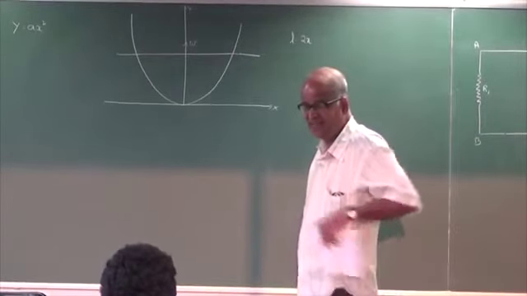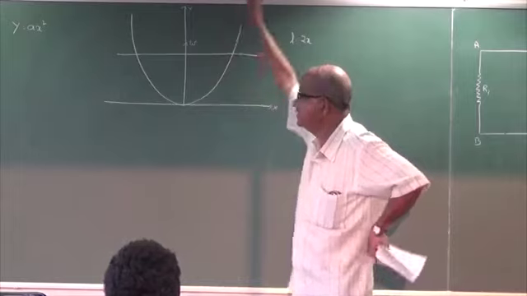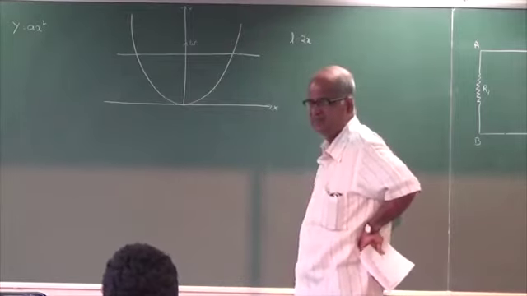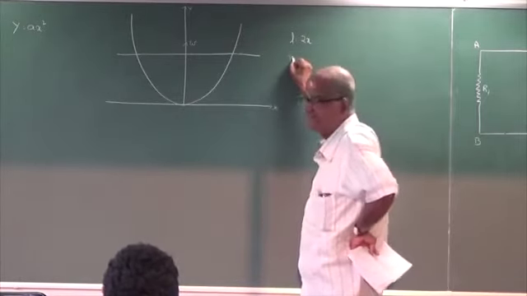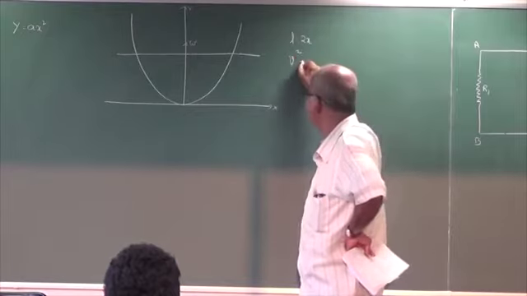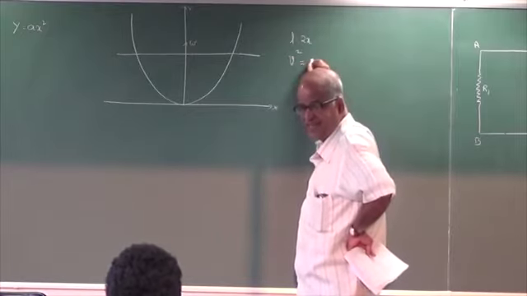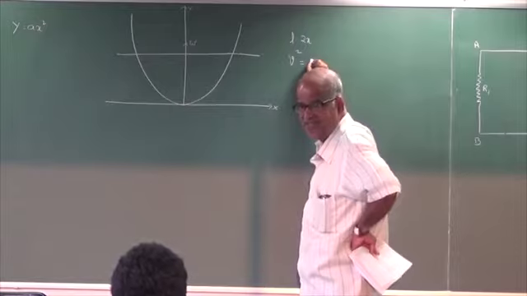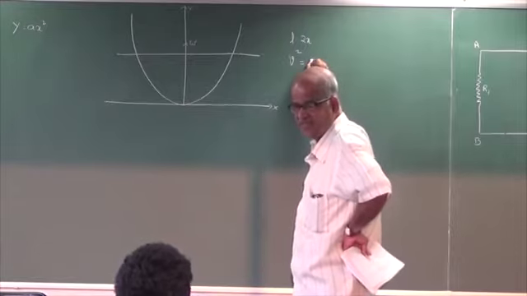Then, how to find V? V squared is equal to U squared plus 2aS. It starts from the apex, starts from rest.